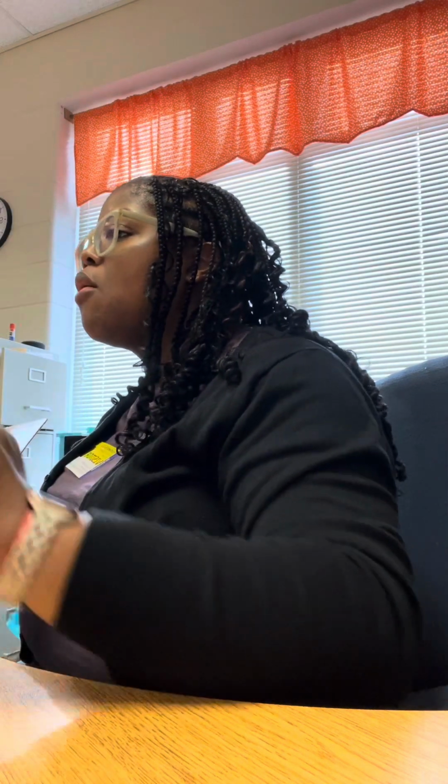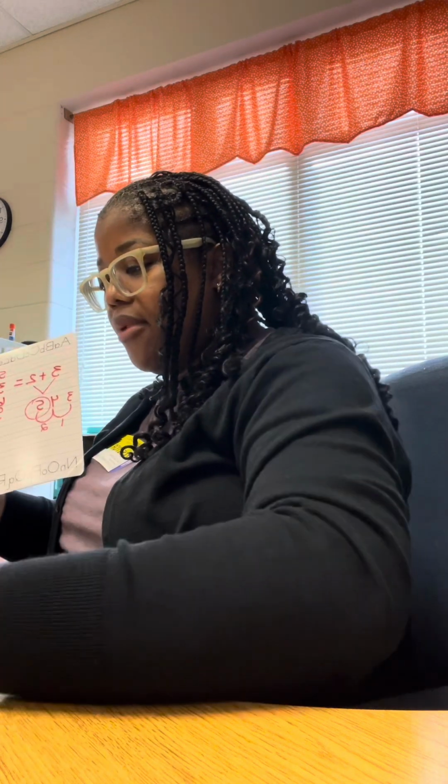Okay, so if we got 5 fingers and you want to figure out 3, let's put down how many to get 3 fingers. How many we're going to put down? 2. All right, so we're going to put down these 2 and then we want to get back to 5. So that's 1, 2. So that's another way that we could use it to figure it out, okay? So that's another strategy. All right, let's do our next problem.